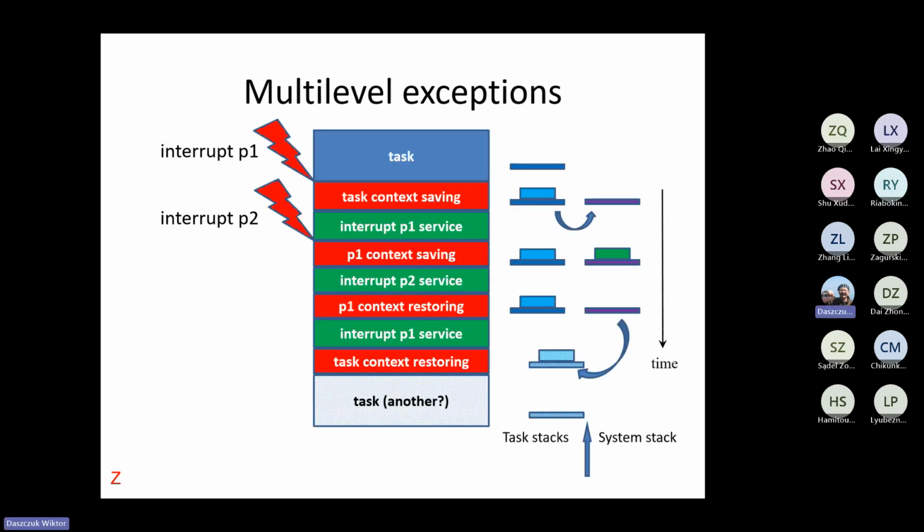It shows the user stack and system stack. It is the user stack on which the task runs. It's the top of the stack. We accept interrupt P1, which saves the state of the task on its stack and switches to the system stack.